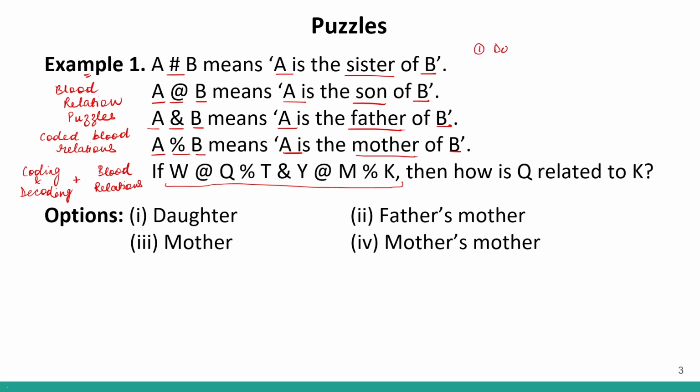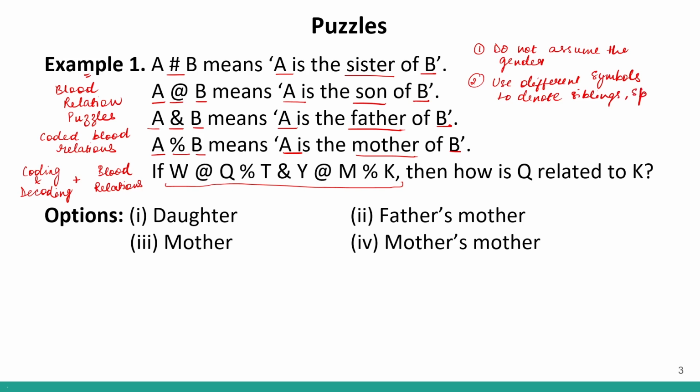First is, do not assume the gender. Correct? Second thing was, use different symbols to denote siblings, spouse.